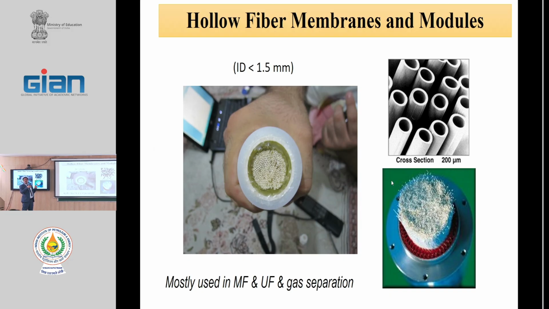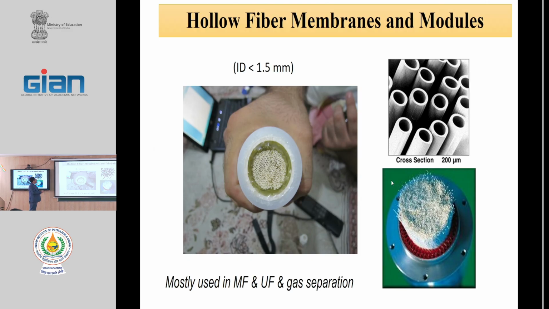There is another categorization, capillary membrane, between the hollow fiber membrane and tubular membrane, with a diameter between 1.5 to 3 millimeter, but not usual. We have some capillary membrane, but not usual.